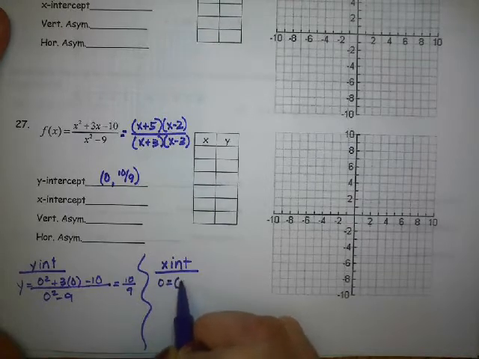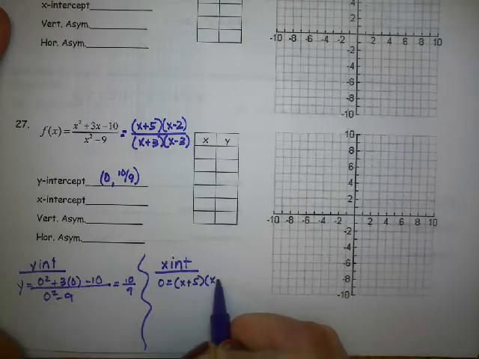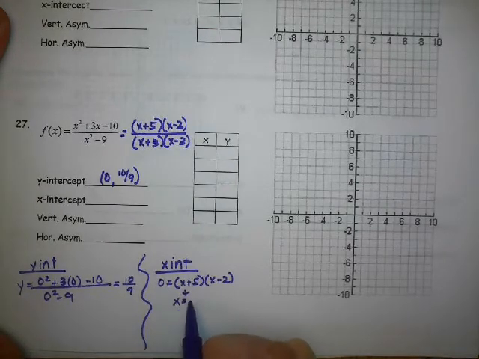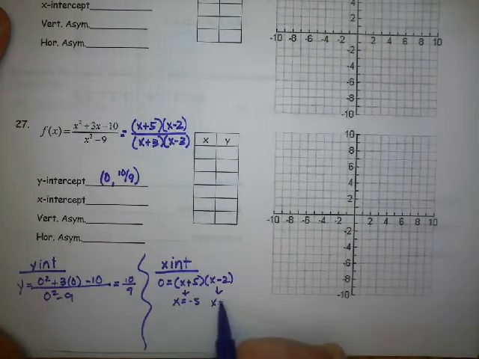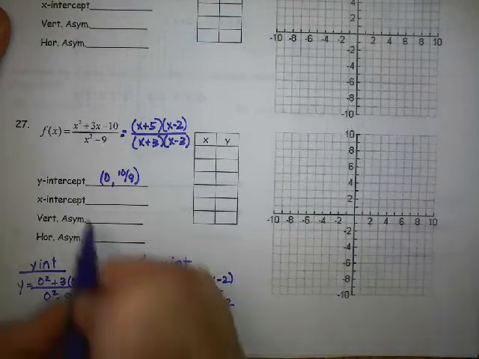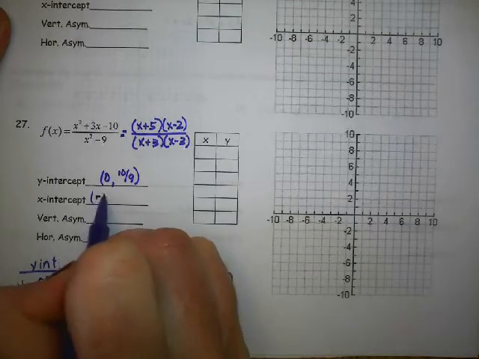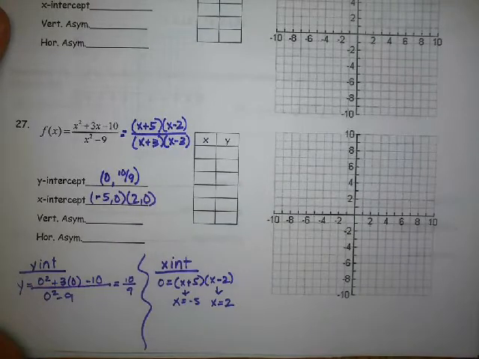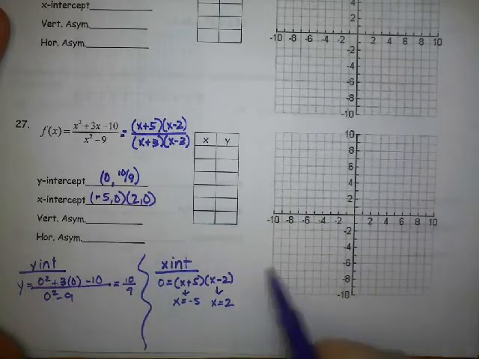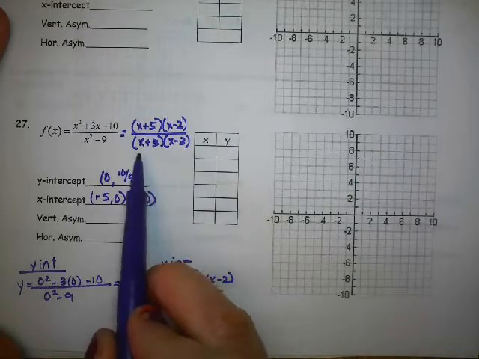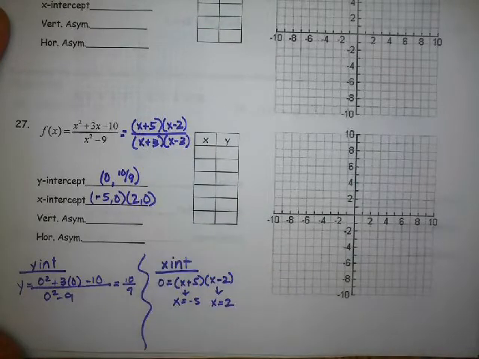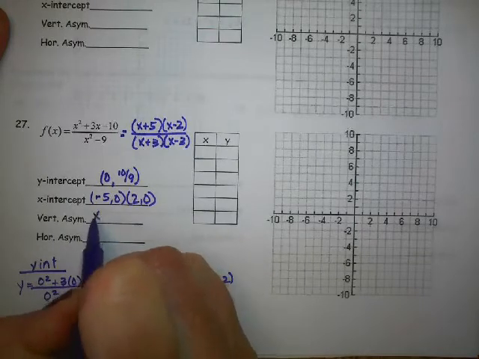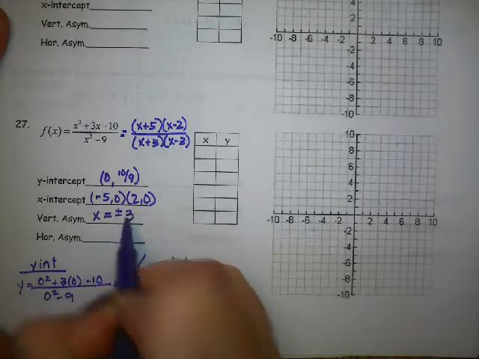I get 2 x-intercepts: x equals -5 and x equals 2. So (-5, 0) and (2, 0). For the vertical asymptote, we set our denominator equal to 0, so I get x equals plus or minus 3.